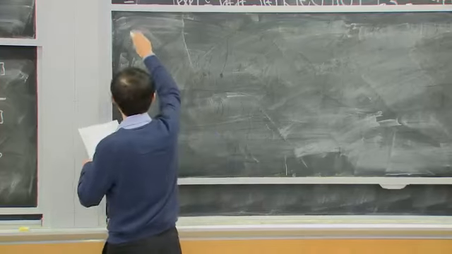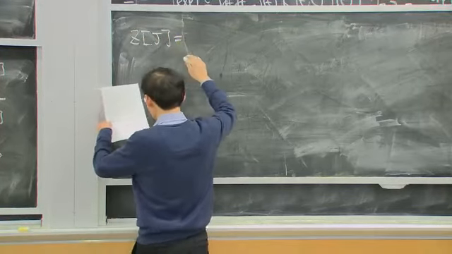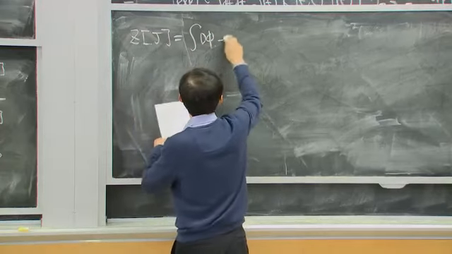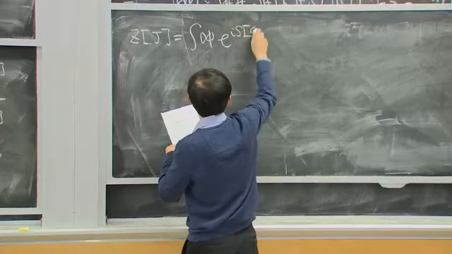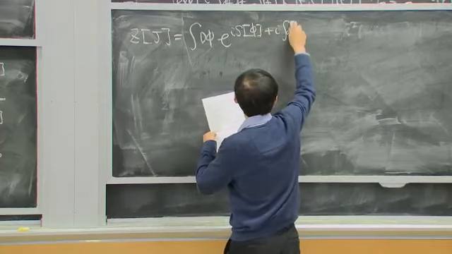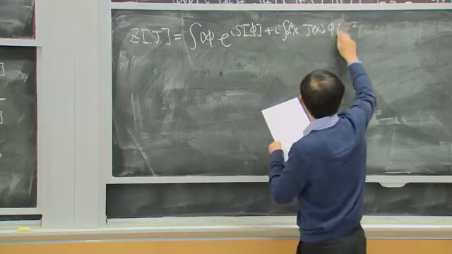The generating functional Z of J is defined to be the integral of d phi e to the i S of phi plus, now you integrate over all space-time points, J of x phi of x.